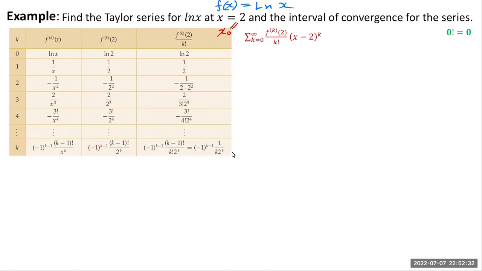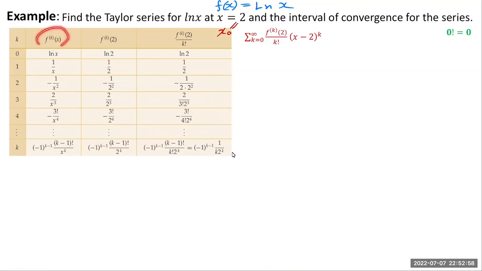If I have a general expression, I can put that general expression here and write the formula. When k is equal to 0, this is the first column, and then the second column is f^(k)(x). Remember, f^(k)(x) means the kth derivative of f of x. And then I plug in x naught equal to 2 in this derivative.